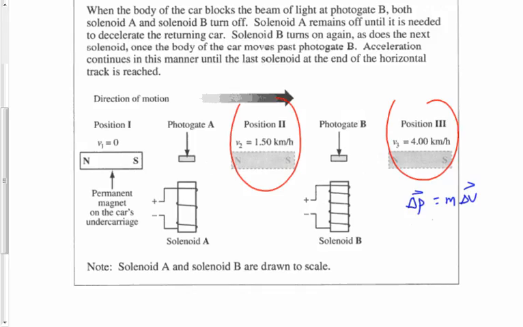The mass here was 5.44 times 10 to the 3. And the change in velocity is, well, it's not 4 minus 1.5, right? We got to convert that to meters per second. But whatever that works out to be, 4 divided by 3.6, 1.5 divided by 3.6, plug it in there.